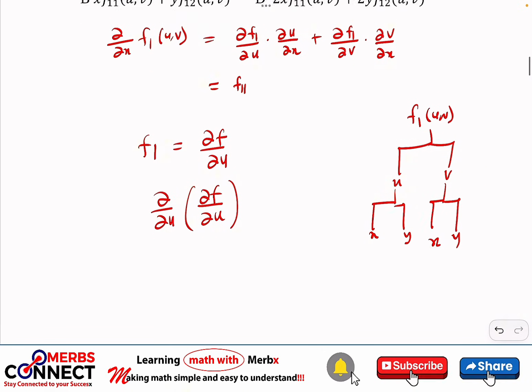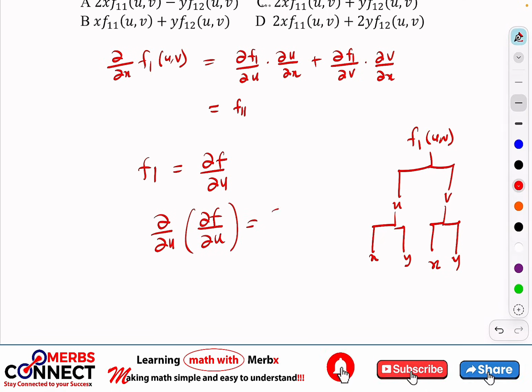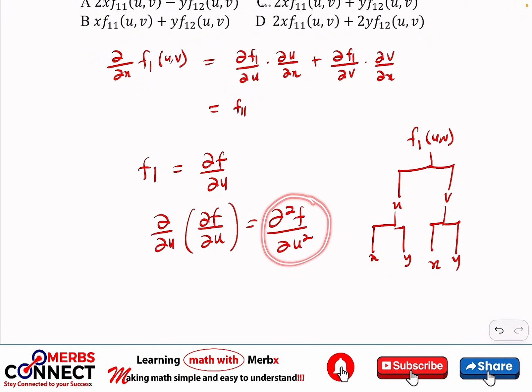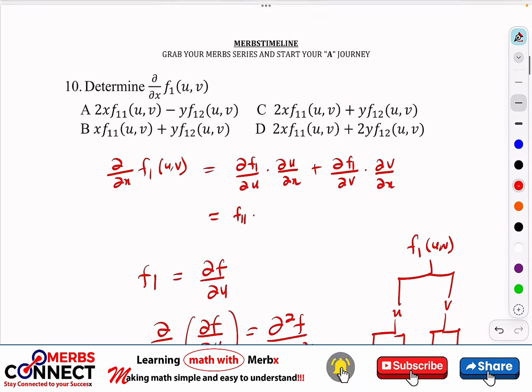So I have this with f1. We are going with respect to u two times, so this is the same as partial squared divided by partial of u squared. And this one that I have here is the same as f11. Great. Times, what is partial of u with respect to x?